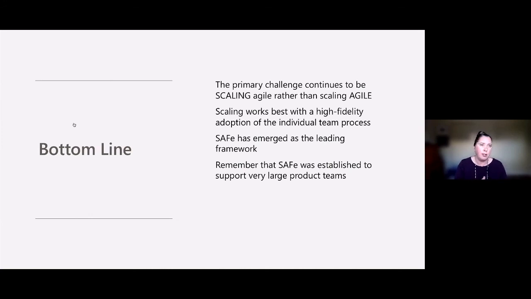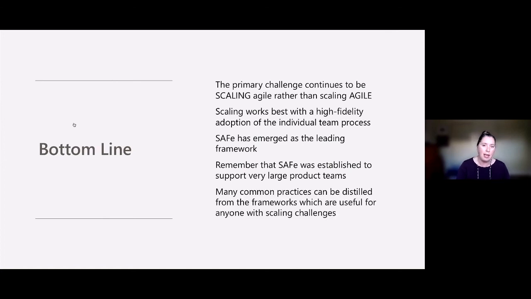It may be Nexus because that just feels better and SAFe is a bit bigger than you really need. Or it may be, hey, what I really want is some of those common practices that Jenny was talking about, where I don't need to opt into any one particular framework. I can just look at it and say a product level review would be helpful to us. A system retrospective would be helpful to us. More work on our continuous integration pipeline would be helpful for us. And those are the things that we're really going to put in place for now.